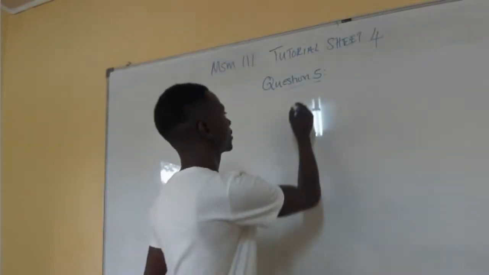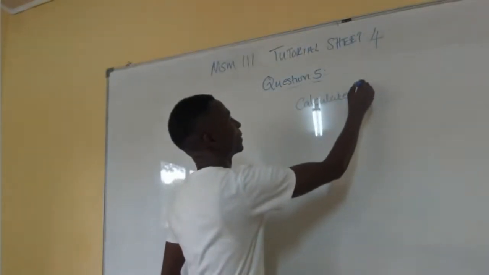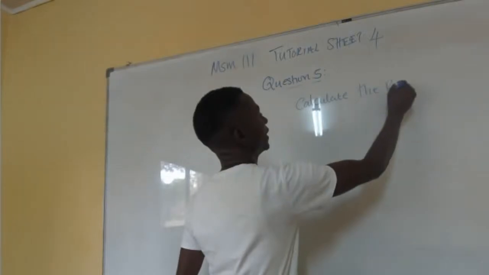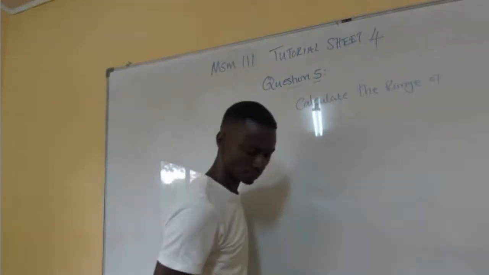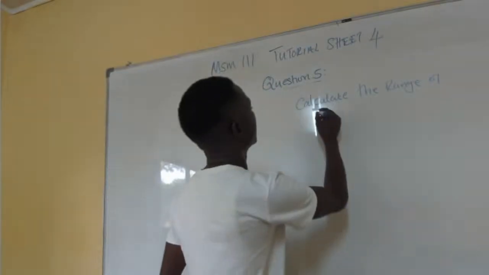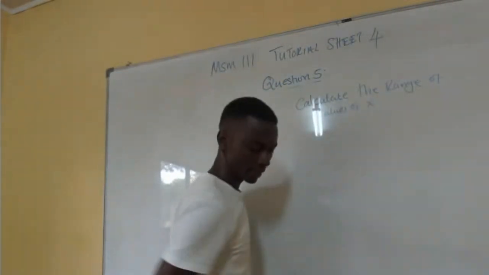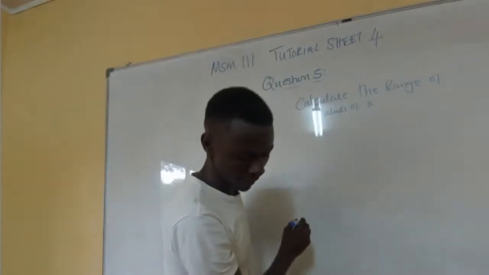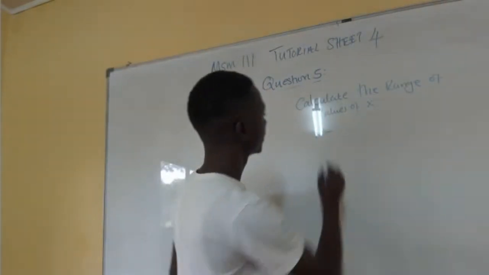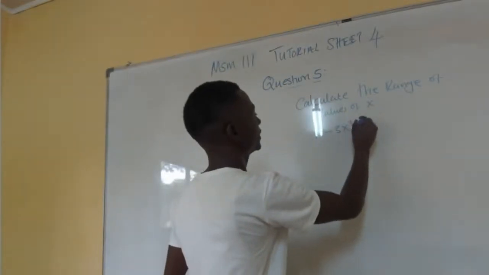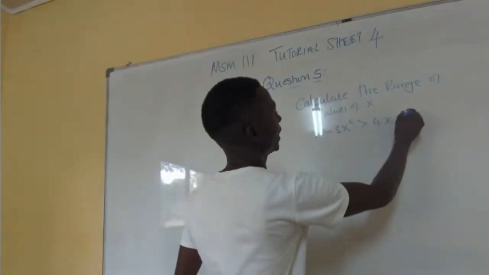We want to calculate the range of values of x. Given x to the power 3 minus 3x squared greater than 4x minus 12.